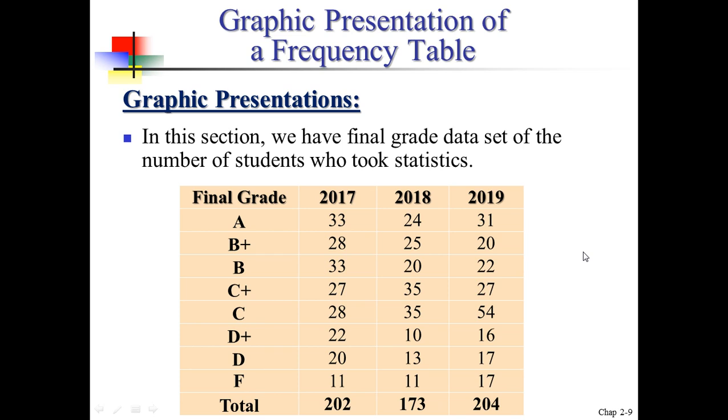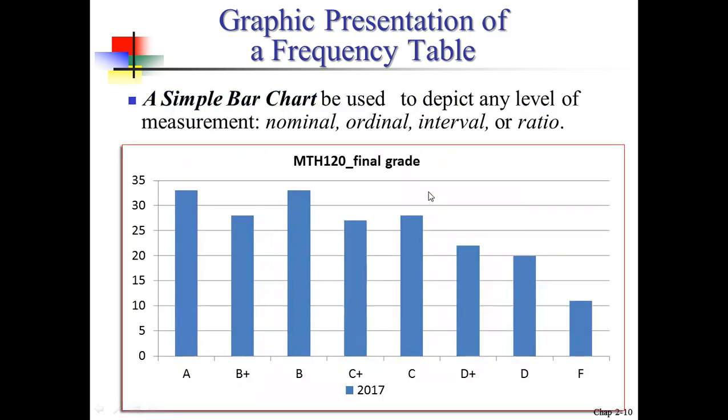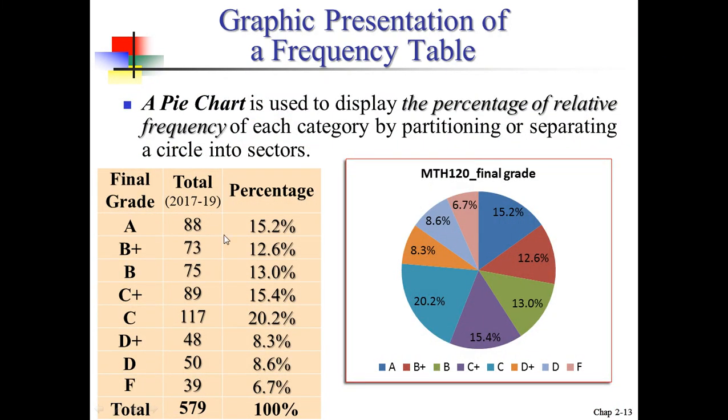Because I don't show each year, but I show the overall 3 years. This is the overall 3 years together. The number of students who get A from 2017 to 2019 is 88. B plus 73, B 75, C plus 89, C 117, D plus 48, D 50, and F 79.